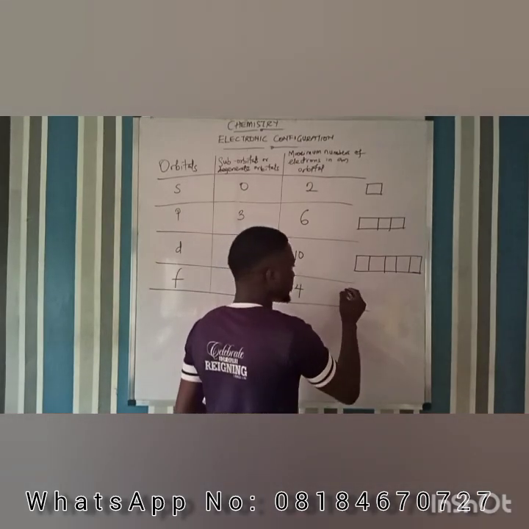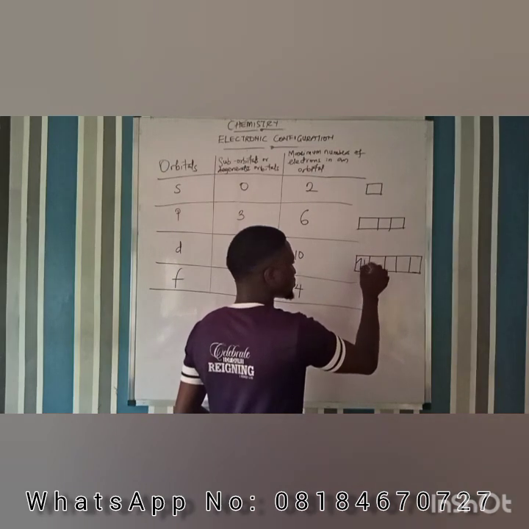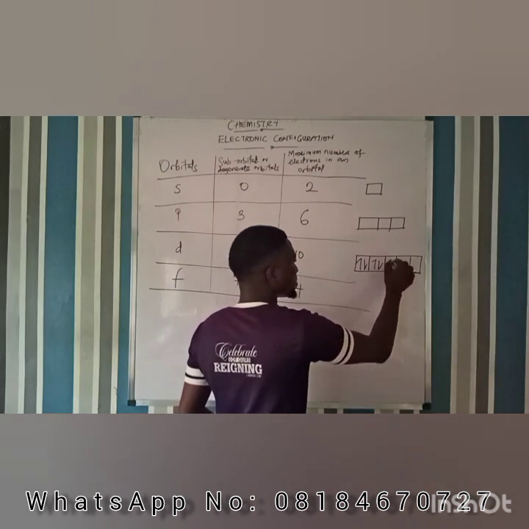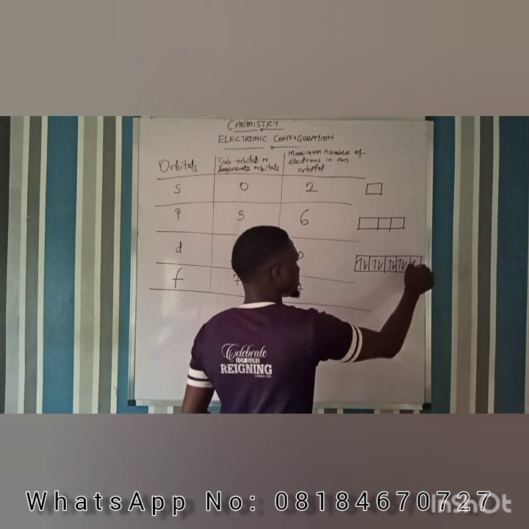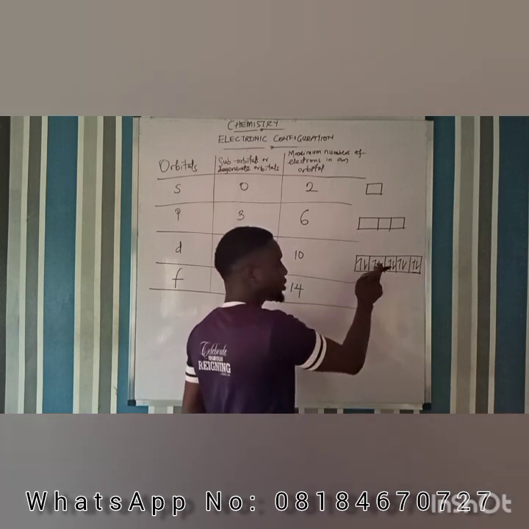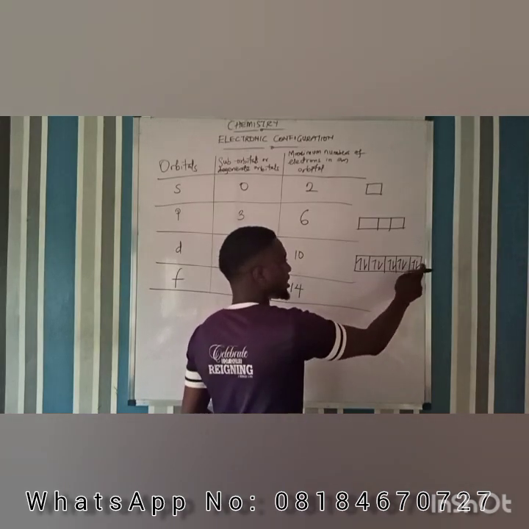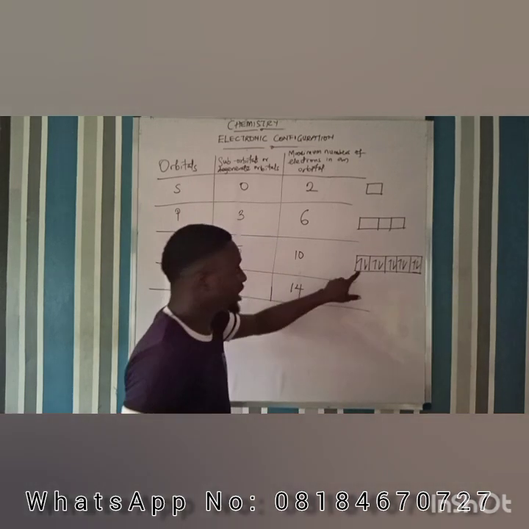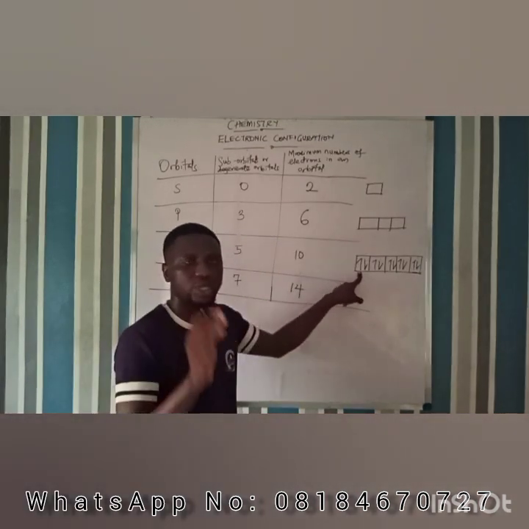That makes 10 electrons: 1, 2, 3, 4, 5, 6, 7, 8, 9, 10. In each of the degenerate orbitals, we cannot take more than 2.